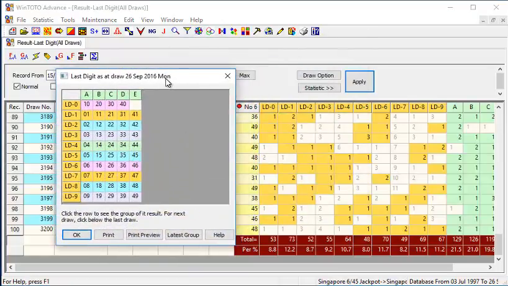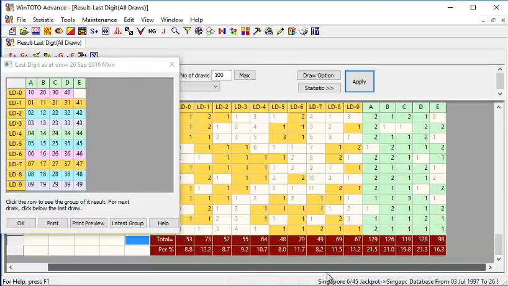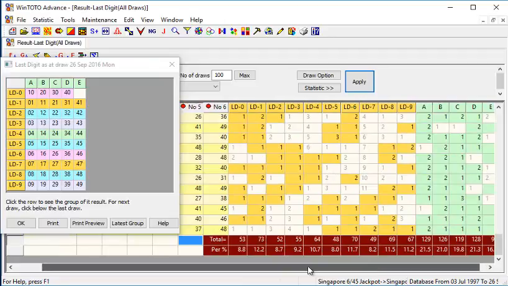Now, LD basically covers things like, for example, let's take a look at the most current one that's happening right now.